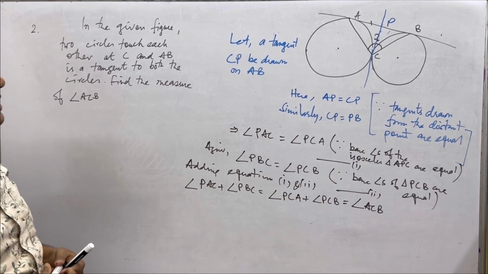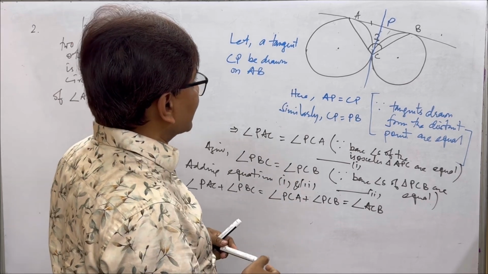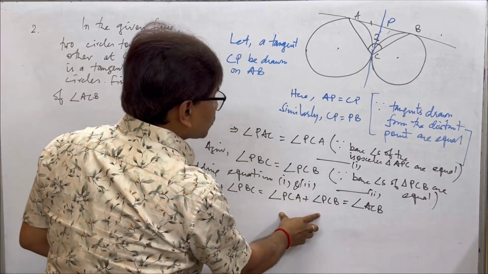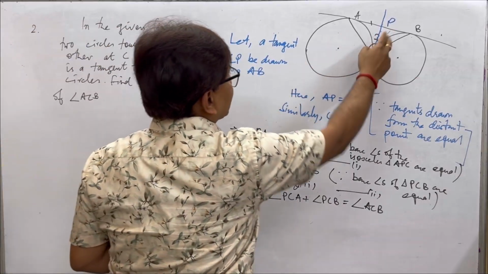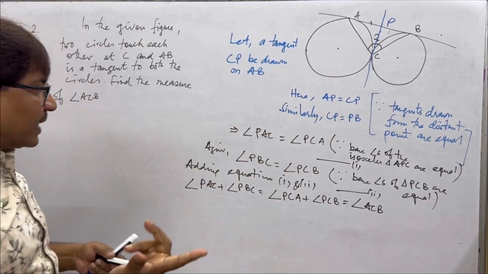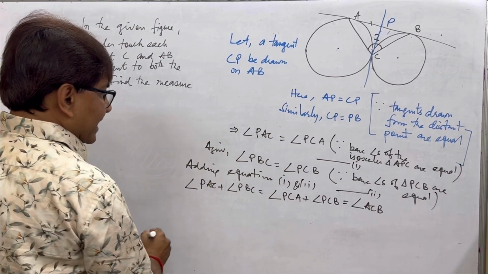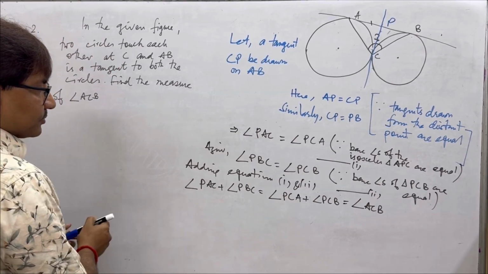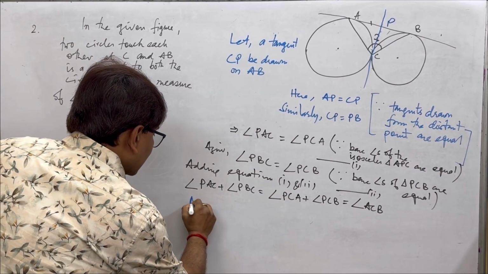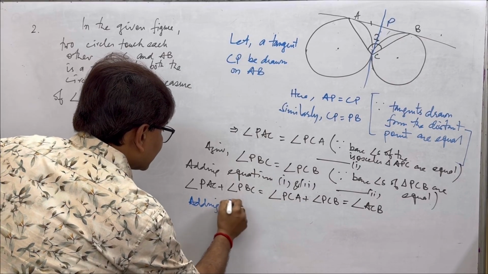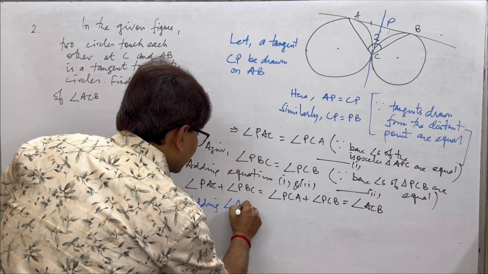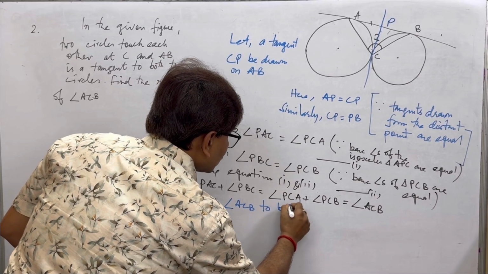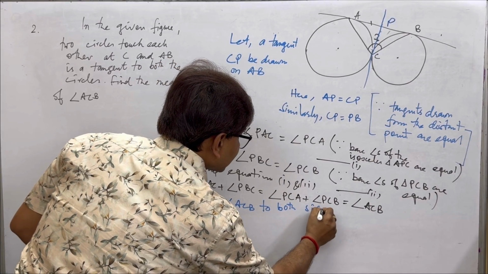Now one technique we have to apply. Actually they are asking angle ACB. So from these two angles, how can we determine that? If we apply one trick, just by adding angle ACB to both sides.